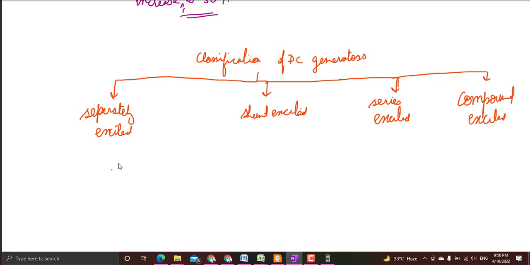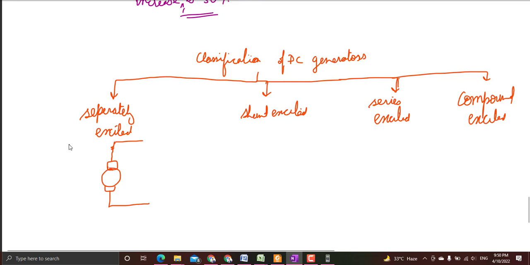So let us model this generator. This is the armature. Armature is on the rotor. Armature is basically a coil which is producing EMF, so it will have some resistance also. So that's the armature resistance, and there is a field winding which is producing the flux.